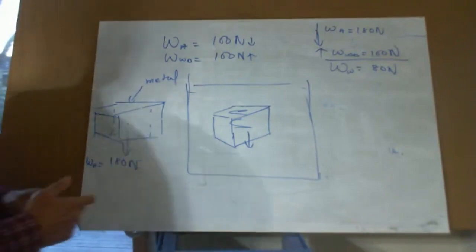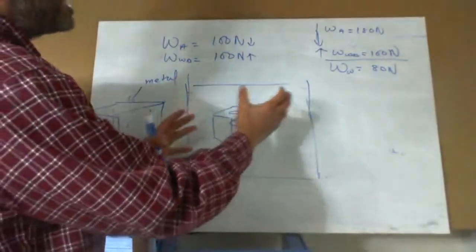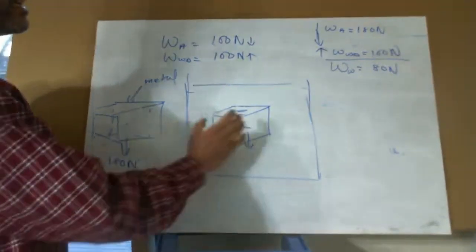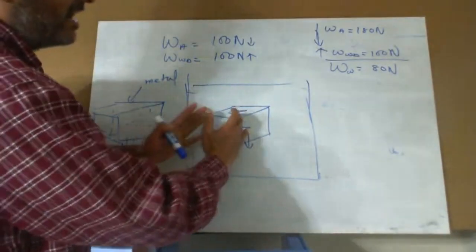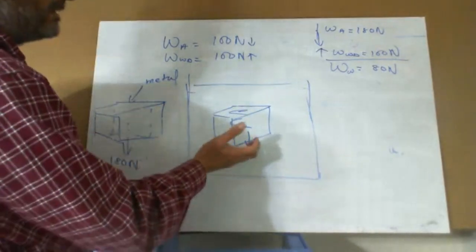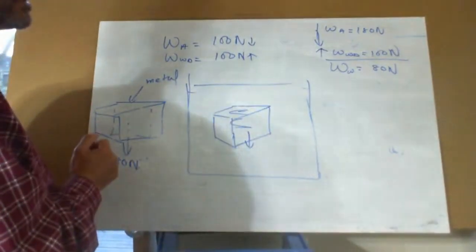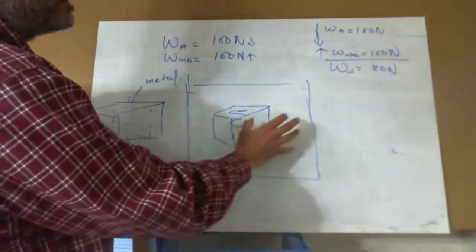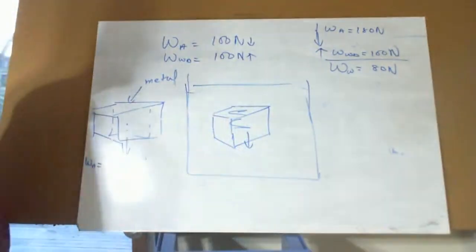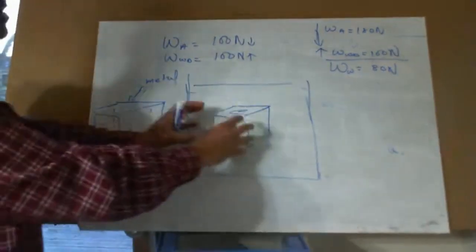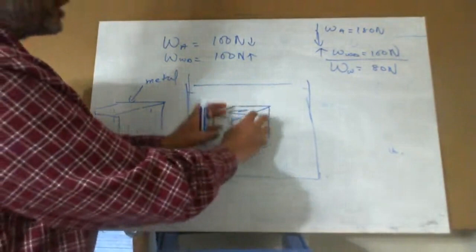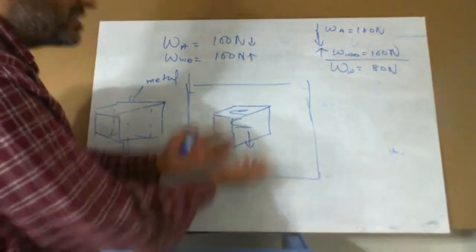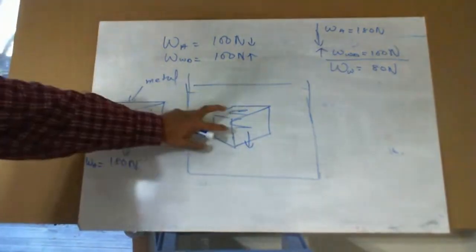So can you see that even though it has a weight of 180 newtons, by pushing aside 100 newtons of water, there's an upward force of 100 newtons. Before the water was pushed aside, the surroundings supported 100 newtons of weight. If you remove that water and put anything in its place, the surroundings haven't changed. The surroundings will still support 100 newtons of whatever you put in there.